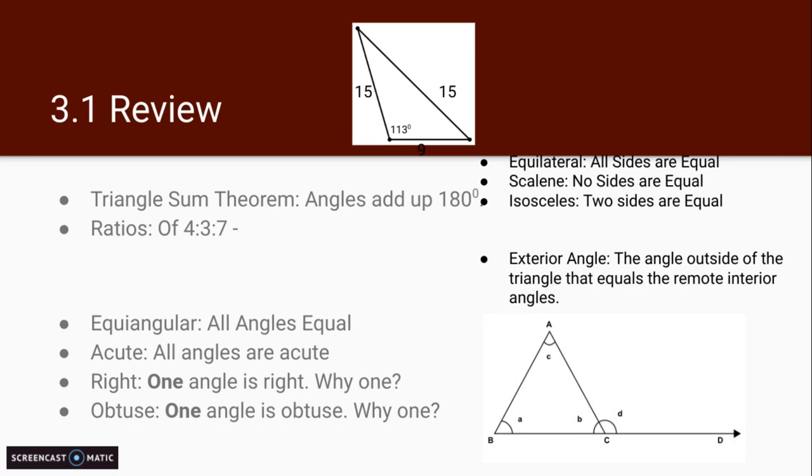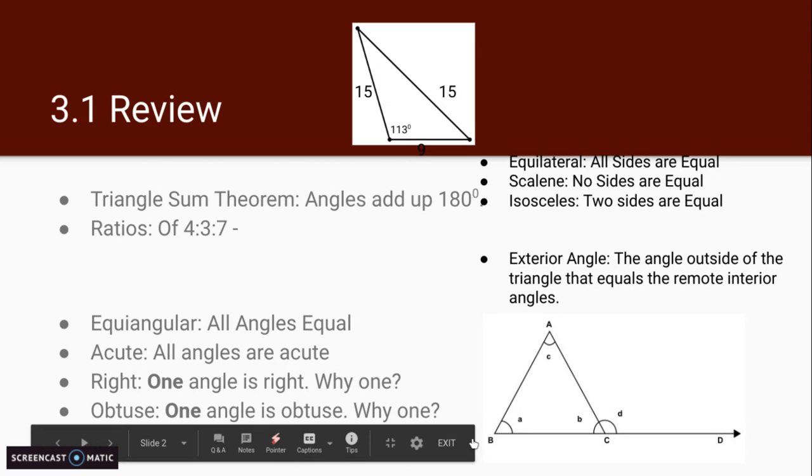Exterior angle. This is the angle on the outside of the triangle that equals the remote interior angles. So right here, we have D. Angle D, or really ACD if you're classifying, just forget about these right here.